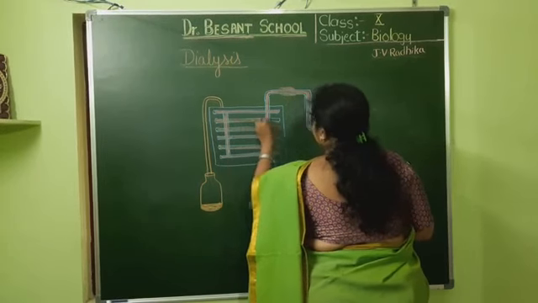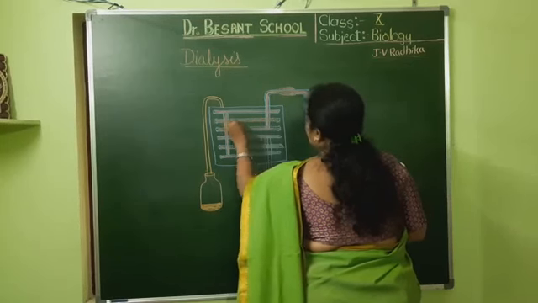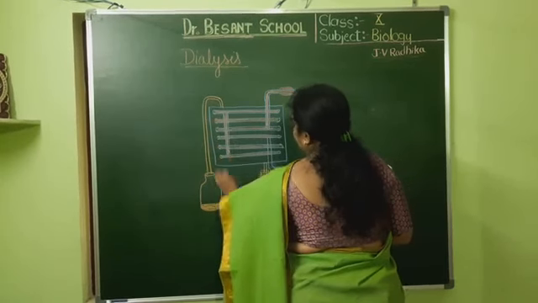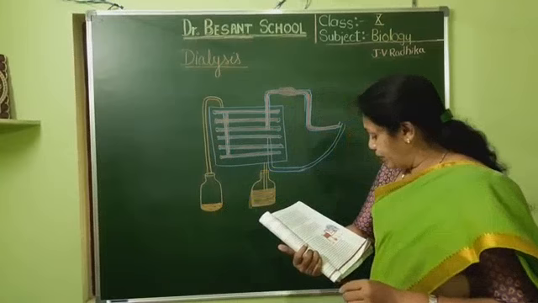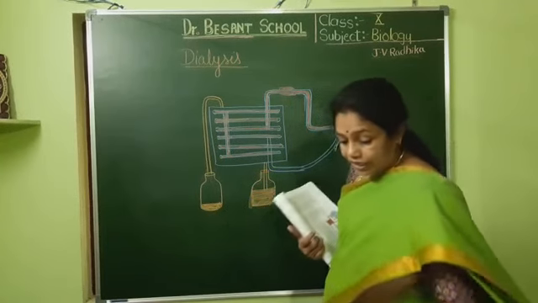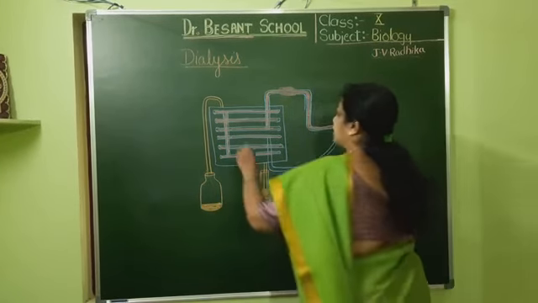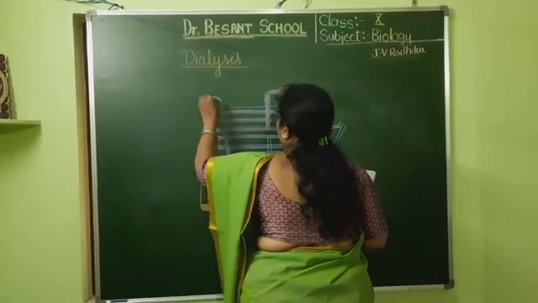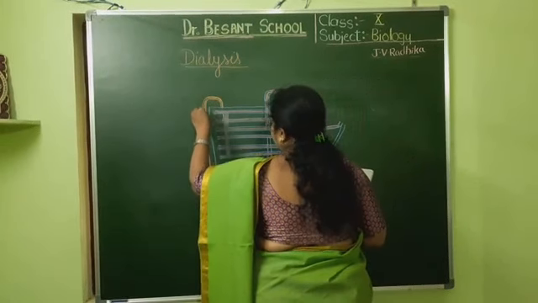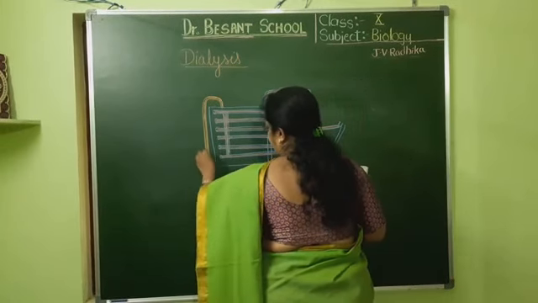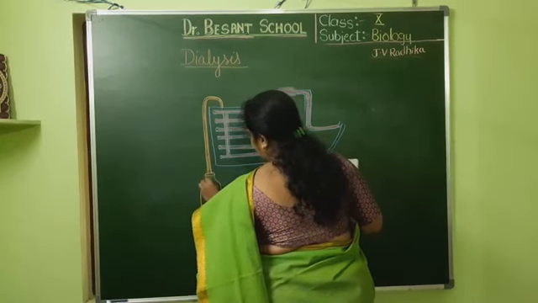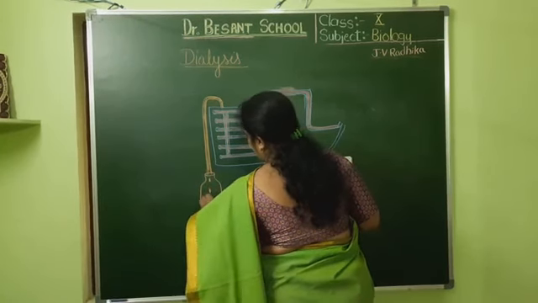So the waste will be moving into the dialyzing machine. Here this part is collecting the urine, all the nitrogenous waste, and drop by drop it will be collecting into this.